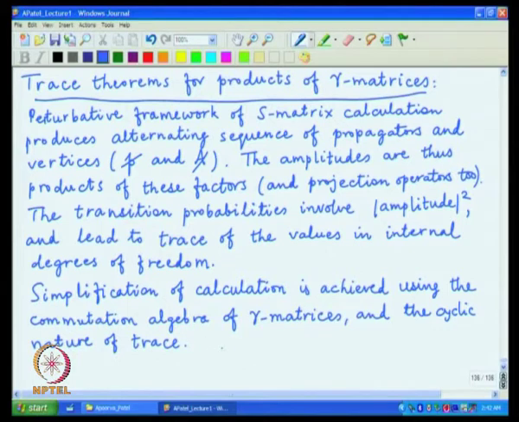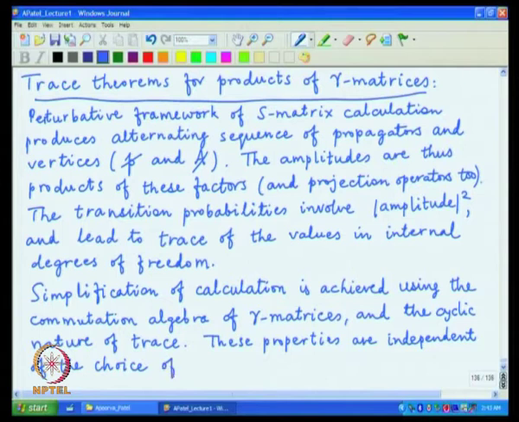One should note that these properties are independent of choice of representation of gamma matrices.